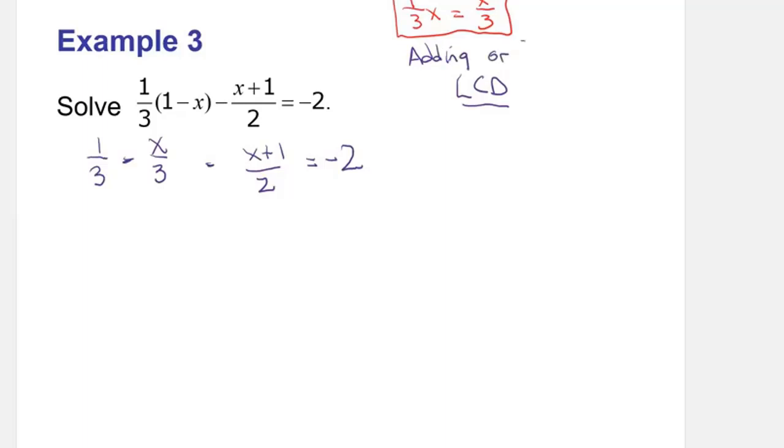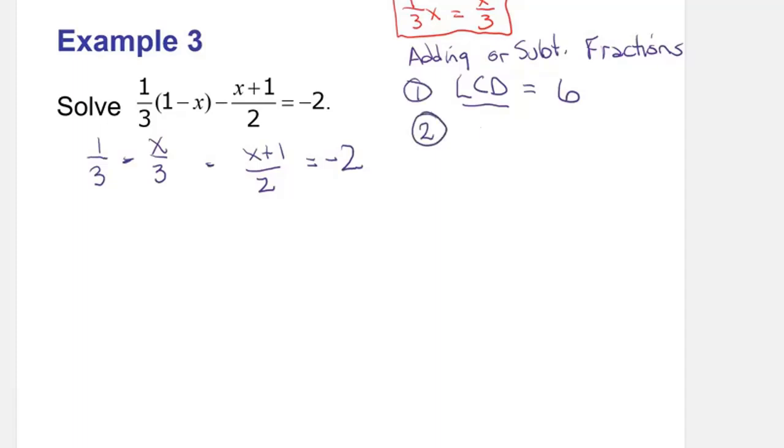My least common denominator here is going to be 6 because my denominators are 3 and 2. They have no factors in common. I'm just going to multiply them together and I get 6.